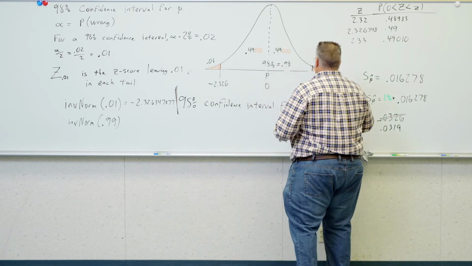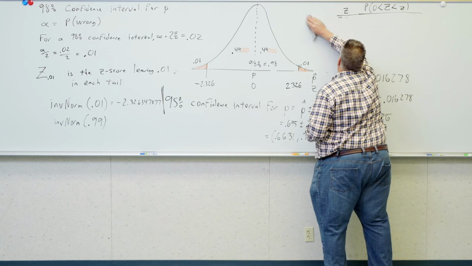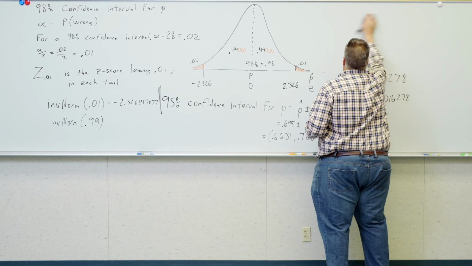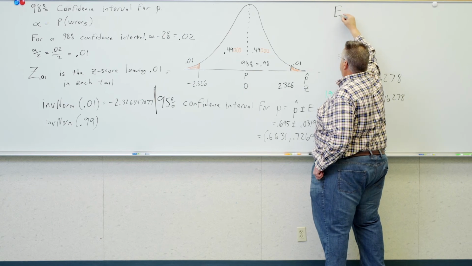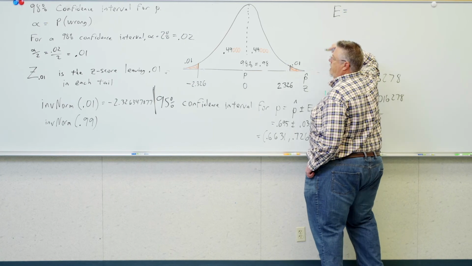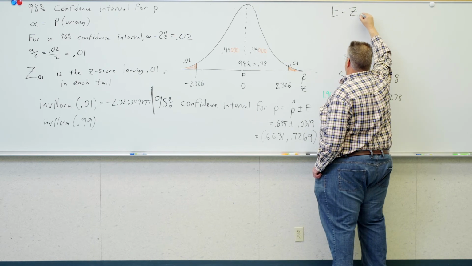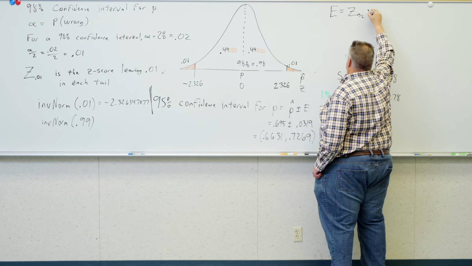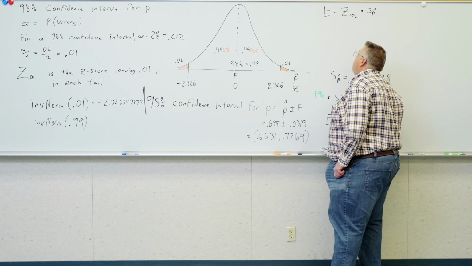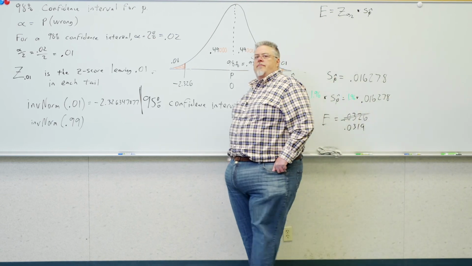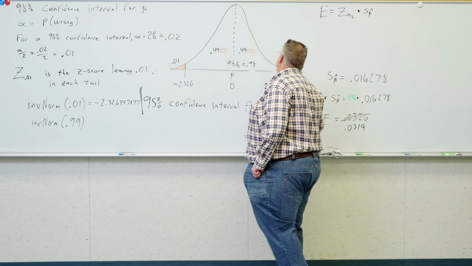All right. So now, my error is going to be, here's the formula. In general, z with a subscript of alpha over 2. What's alpha over 2 in this case?